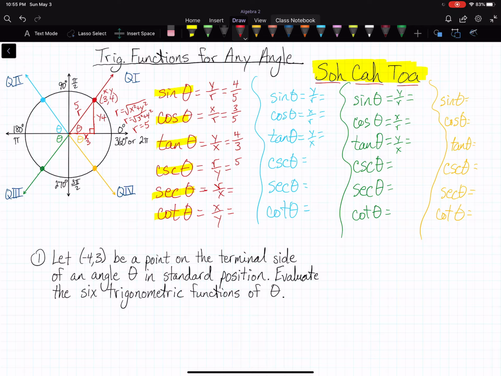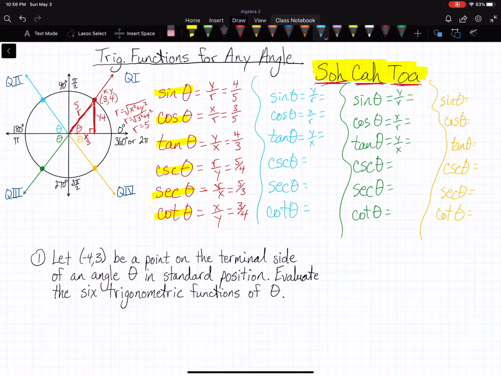So that's going to be 5/4, 5/3, and 3/4. Boom, done. Now I want you to notice that your SOHCAHTOA still would have worked. Sine would be opposite, 4, over the hypotenuse, 5. So sine is still 4 over 5, and it works for the rest of them.